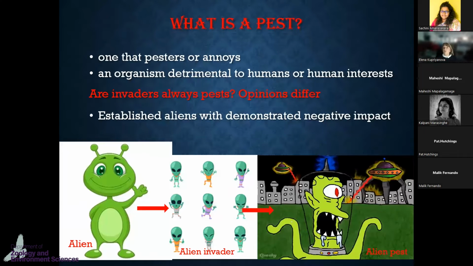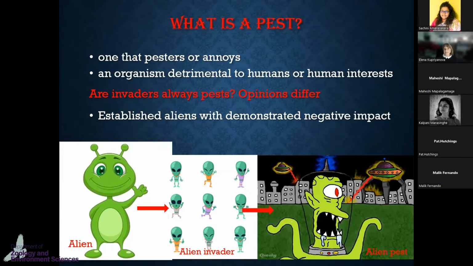We also know and hear about pest species. So what are those? By definition, if you look in a dictionary or Google it, a pest is one that pesters or annoys, or an organism detrimental to humans or human interests. Are invaders always pests? Well, there are different opinions about this.